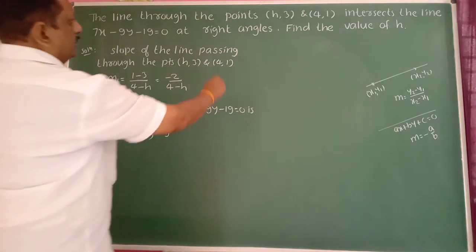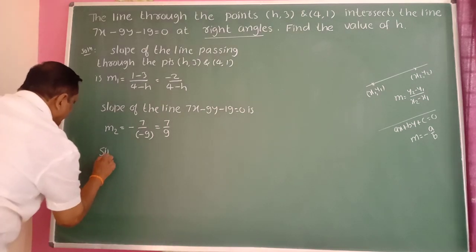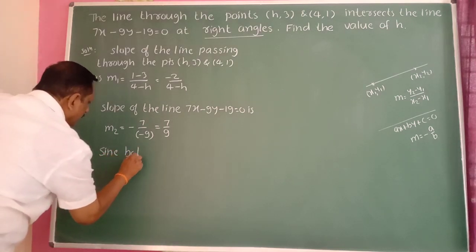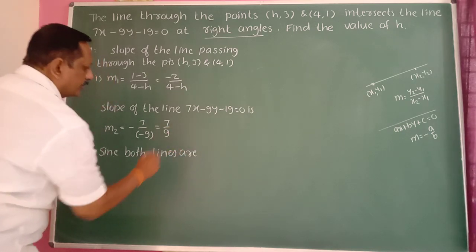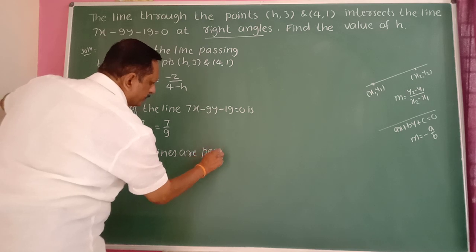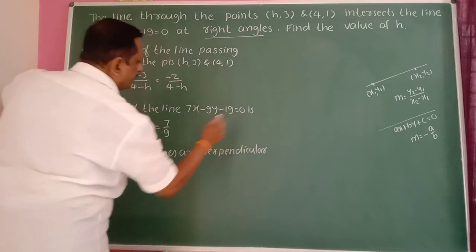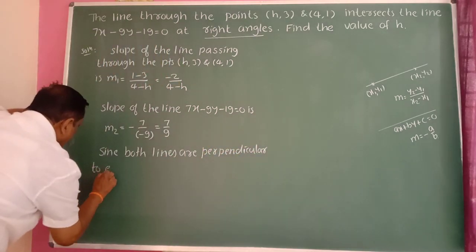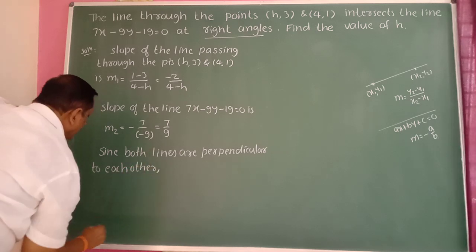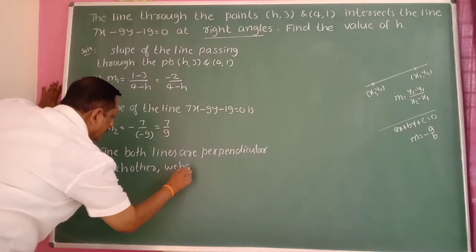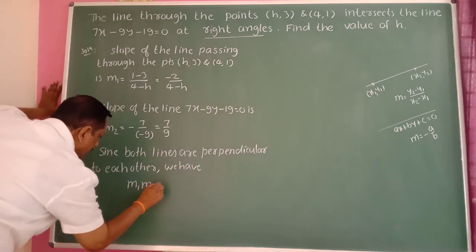Since both lines are perpendicular to each other, therefore we have the condition m1 into m2 equal to minus 1.